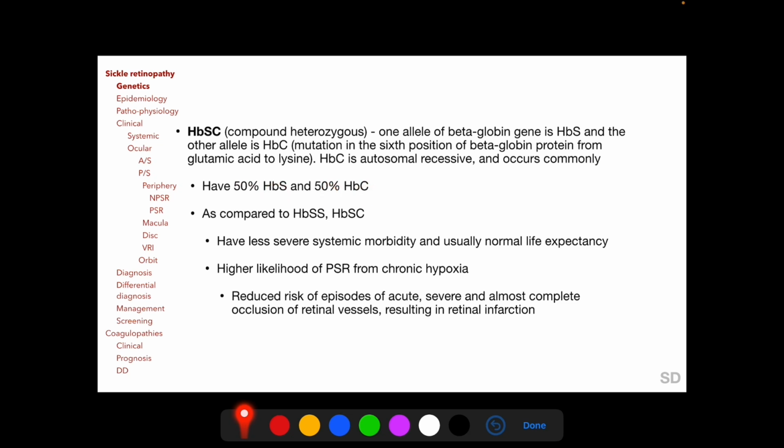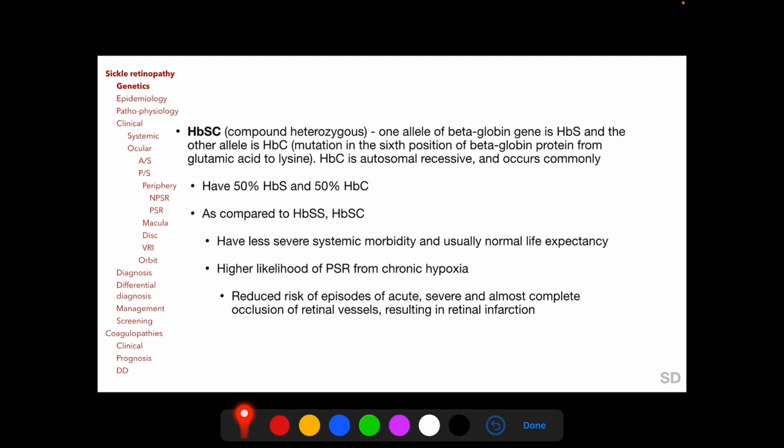As compared to patients with HBSS genotype, patients with HBSC genotype have less severe systemic morbidity but have a higher likelihood of proliferative sickle retinopathy from chronic hypoxia, because in HBSS genotype there are acute severe retinal vascular occlusions leading to retinal infarction, and it is said that infarcted retina does not produce angiogenic factors which cause proliferative sickle retinopathy.